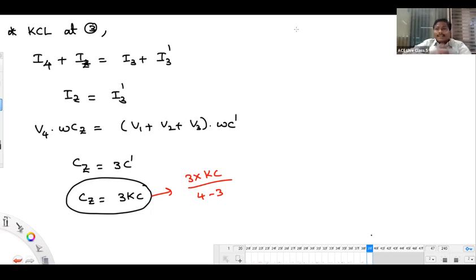See, listen. Is there any lag? Somebody is saying that the screen is lagging. Pratik, kindly respond.